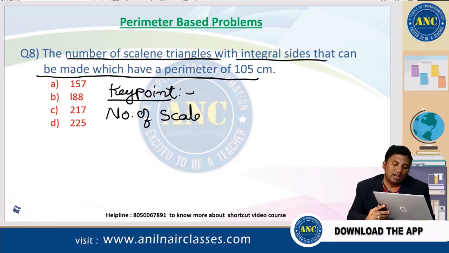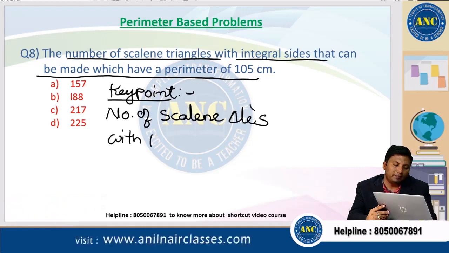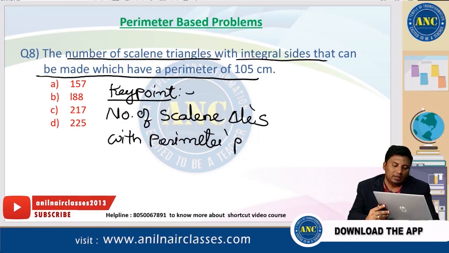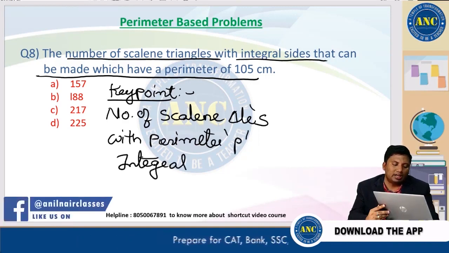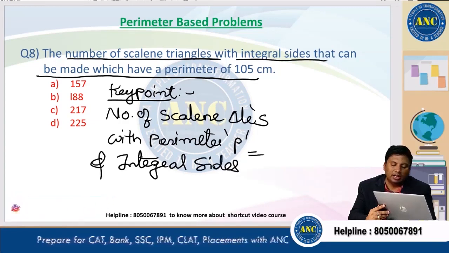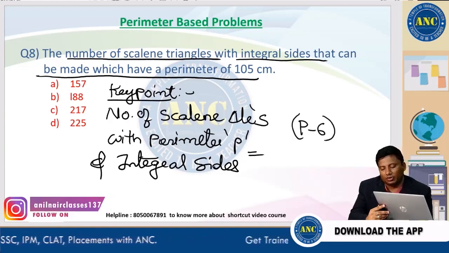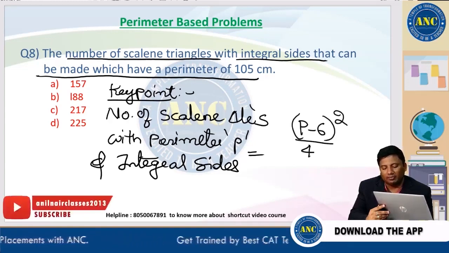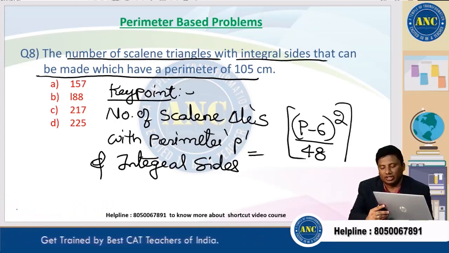Number of scalene triangles with perimeter P and integral sides is given by (P minus 6) whole square divided by 48, nearest integer function.